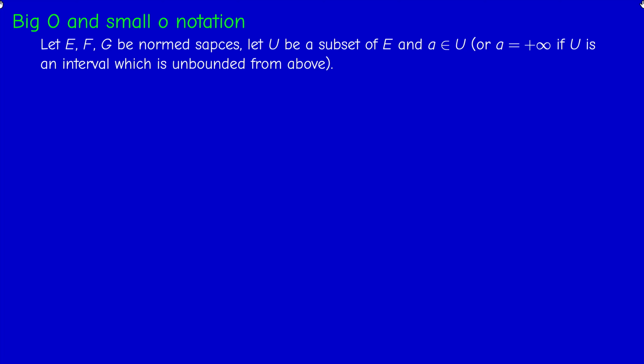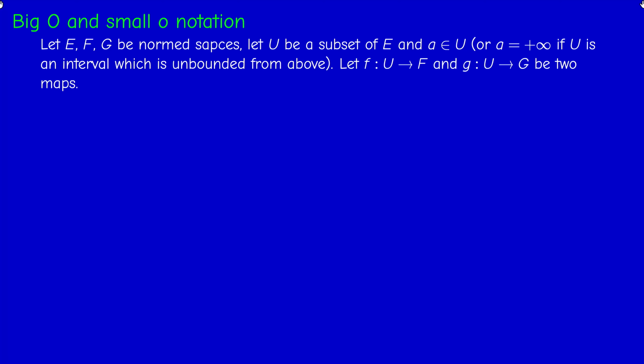So suppose that we have 3 normed spaces, E, F, G, and we have U, a subset of E, and a point A in U. And if you are working in R, or if U is an interval, for example, which is unbounded from above, we can take A to be plus infinity. You will see why. But in most of this course, we'll just work around 0, around the origin.